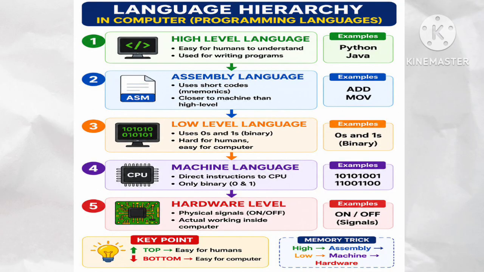Low level language. It uses 0s and 1s, binary. It is hard for humans, easy for computer. 4. Machine language. It gives direct instructions to CPU, only binary 0 and 1. 5. Hardware level. It uses physical signals, on or off, and actual working inside computer.